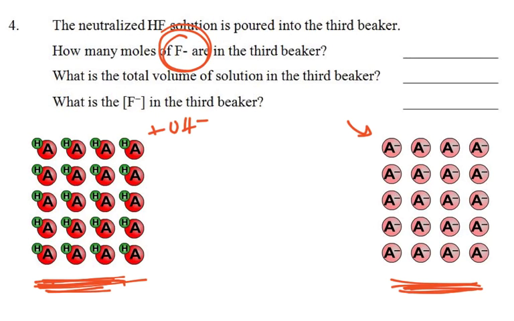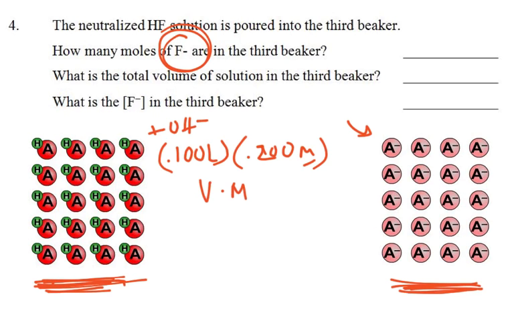So we know that we had 100 milliliters, which is 0.100 liters of our acid, and it was 0.2 molar. So volume times molarity gives me my moles. And so we can see that what we're going to have is 0.0200 moles of F minus.